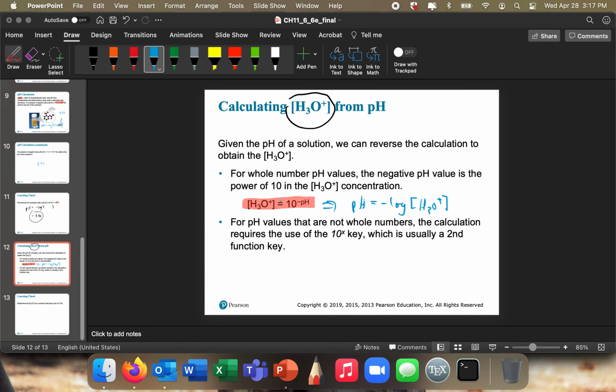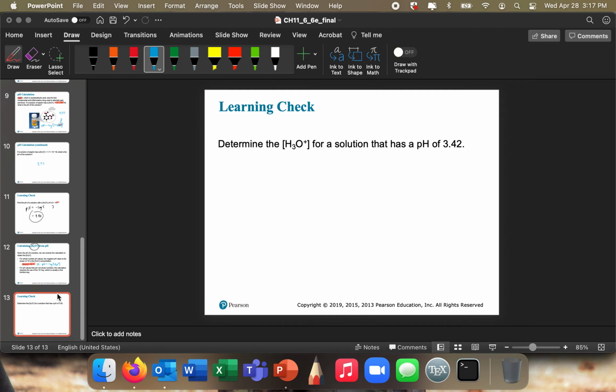Write this down: H3O+ is equal to 10 to the minus pH. And so pause the video and determine the hydronium ion concentration for a solution that has a pH of 3.42. Okay, I'm going to suppose you paused it, and I'm going to invoke the definition. That is equal to 10 to the minus pH. Great habit to always write the rule out first.